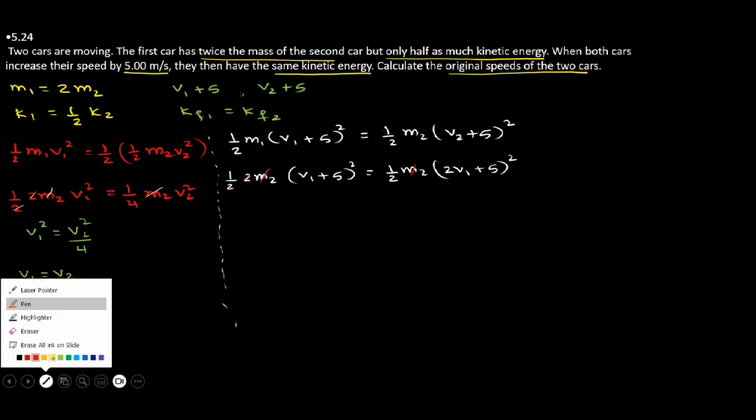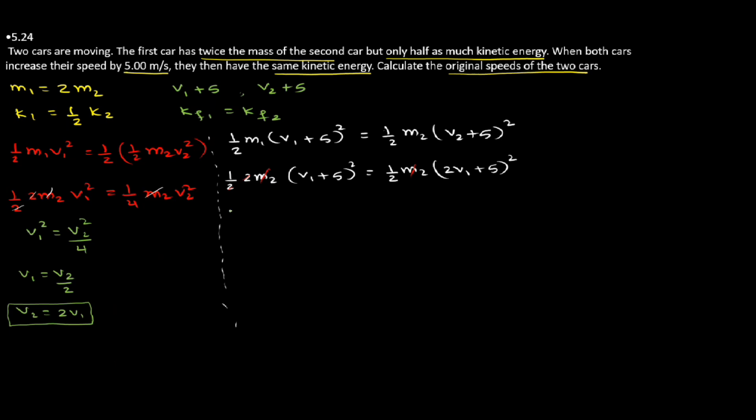And I can rewrite this as (V1 plus 5) squared equals half (2V1 plus 5) squared. Now let's take the square root on both sides. V1 plus 5 equals 1 over root 2 times (2V1 plus 5). When we take the square root, the square on both the brackets will disappear, and I need to take the square root of this half also.